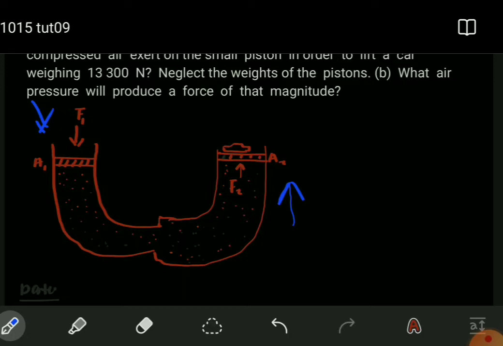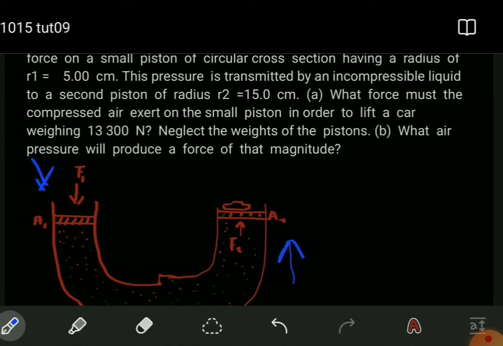The radius of the cylinder on the left is given as R1, which is 5 centimeters, and the radius of the right cylinder is given as R2, which is 15 centimeters.